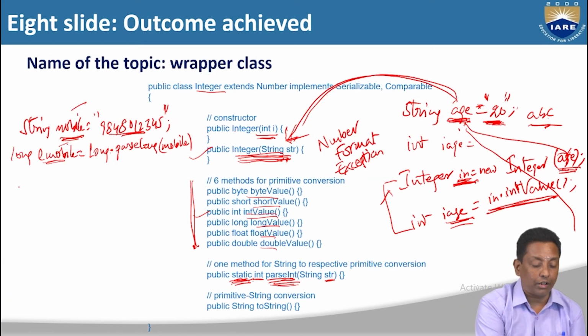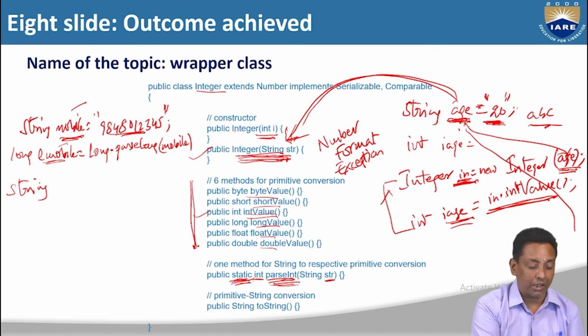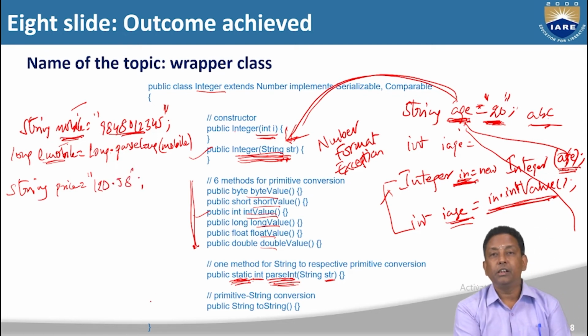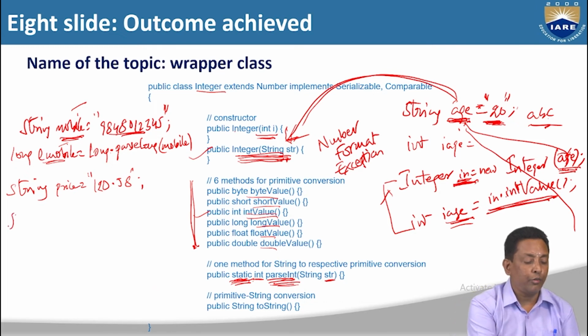Similarly, if you want to convert a float, for example, there is a value called product price. We'll take the price of the product. The price is 120 rupees 58 paisa, for example. So the floating point value is stored in a string. Now we want to convert this into float, F price.